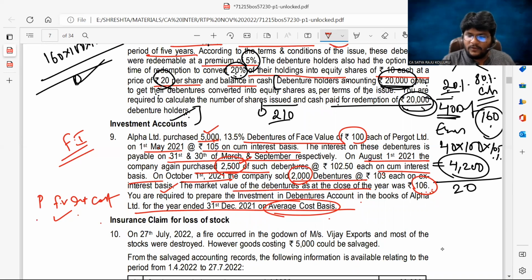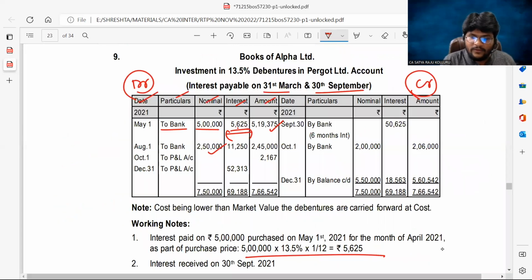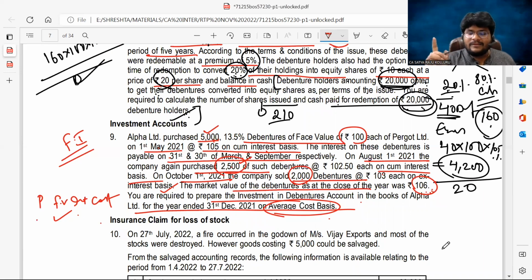Next, on 1st August 2021, another purchase made, 2,500 debentures, face value 2,50,000. Interest, last date of payment up to date of purchase. Last date of payment 31st March to 1st August: April, May, June, July, 4 months. So 2,50,000 into 13.5% into 4 by 12.